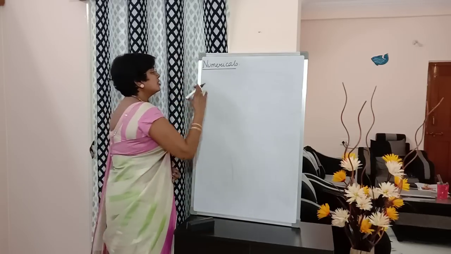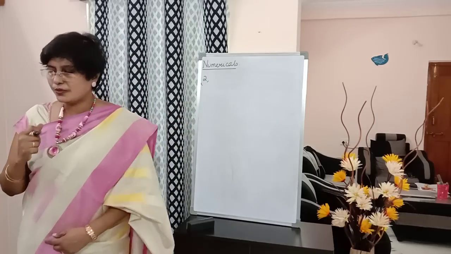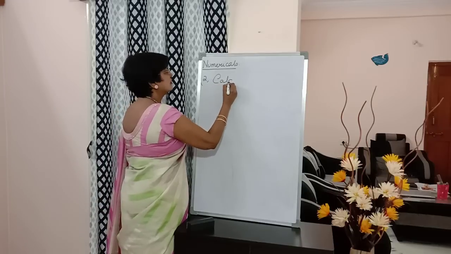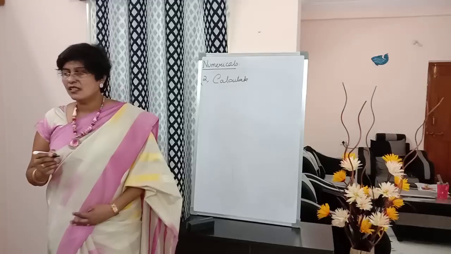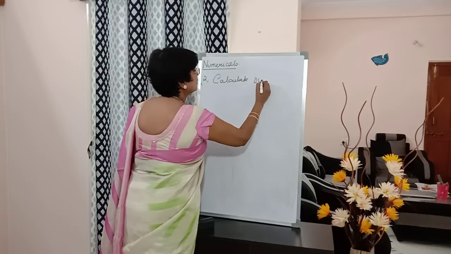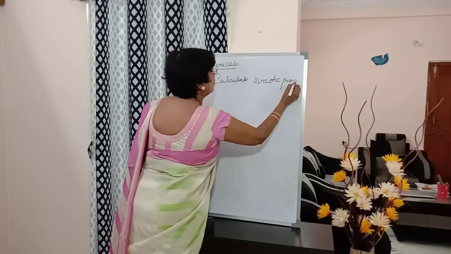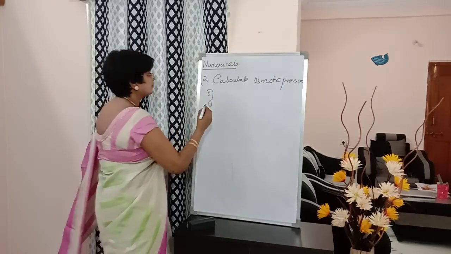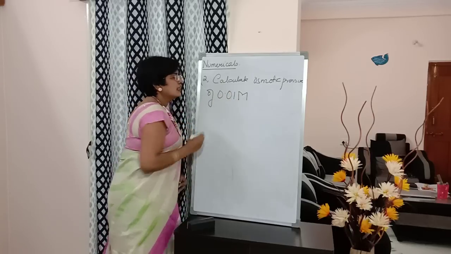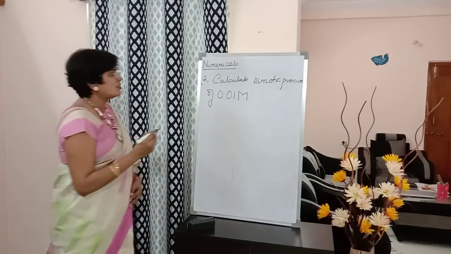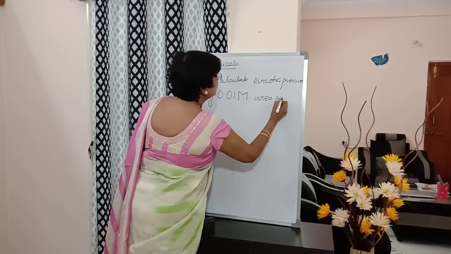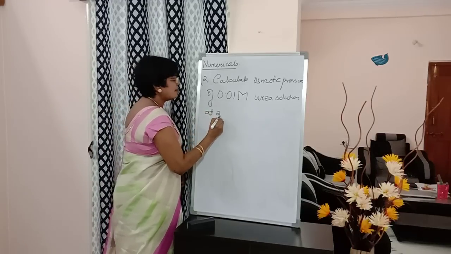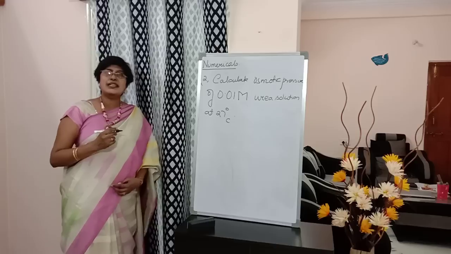Next, problem number 2. Write down. Calculate osmotic pressure of 0.01 capital M urea solution at 27 degrees centigrade.